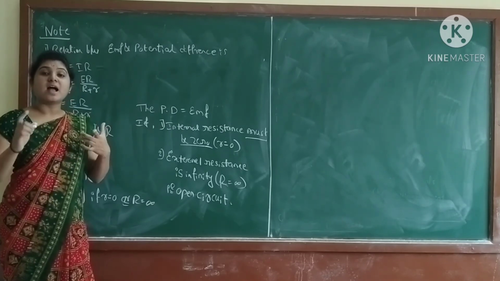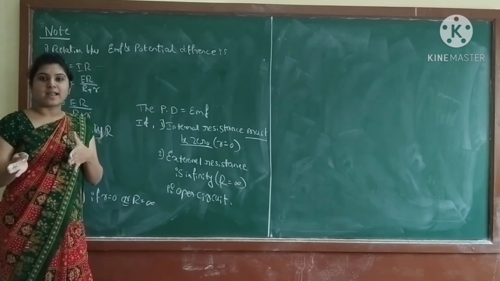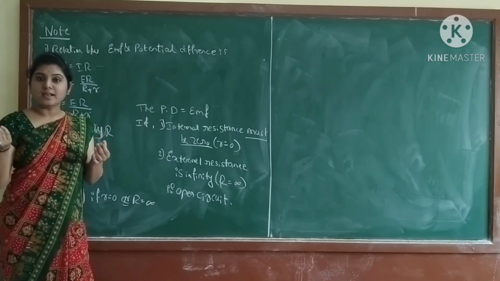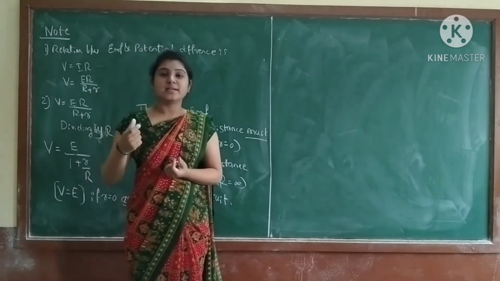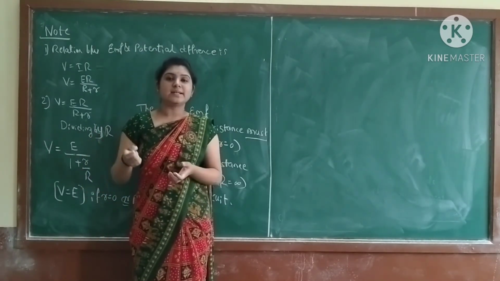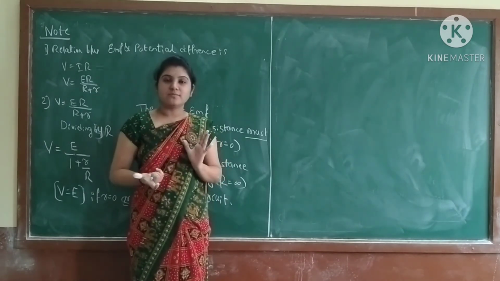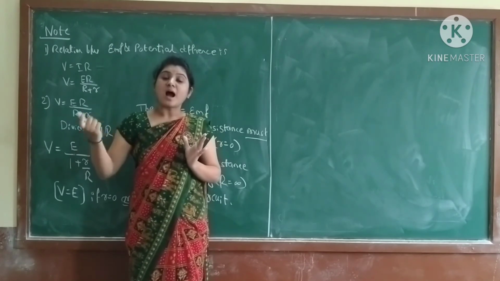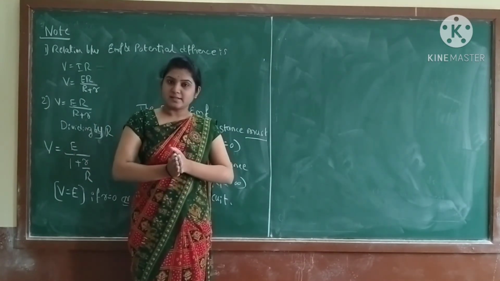External resistance R will become infinite. That time only you will get the value EMF equal to the potential difference. Understood? We discussed the 2 points, that is when R is infinite, what is the potential difference, and when R is finite, what is the potential difference, that we discussed.